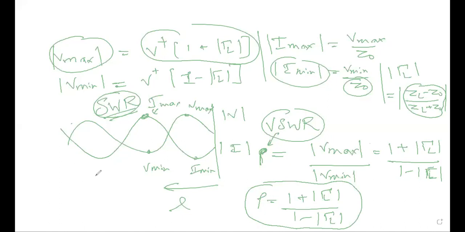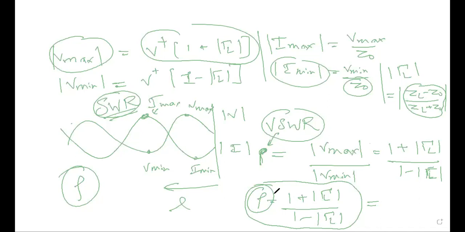What we'll do in the Smith chart is find this VSWR on the Smith chart, and that will give us the rho, the reflection. So basically VSWR is an indicator of reflection on the transmission line. So it's a very important parameter.